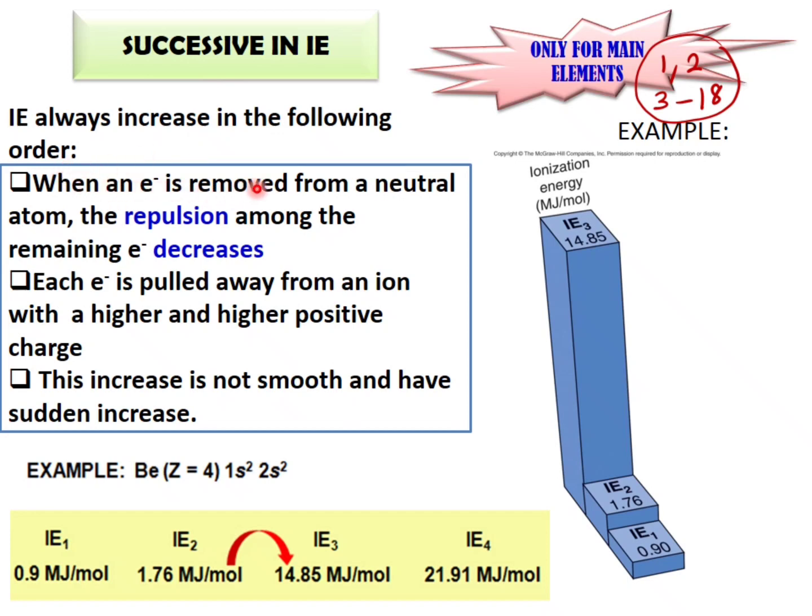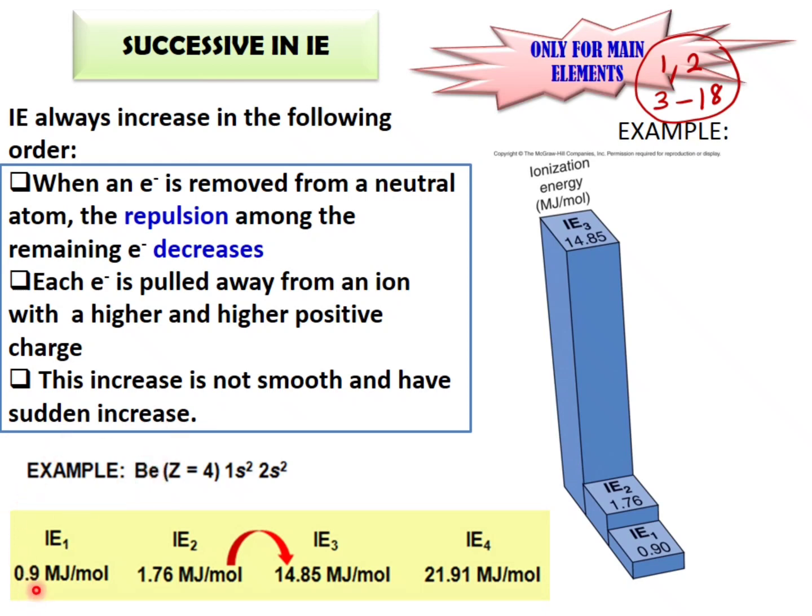When an electron is removed from a neutral atom, the repulsion among the remaining electrons decreases. So the electron is pulled away from an ion with a higher and higher positive charge. This increase is not smooth and has sudden increases. Okay, for example here kita ada beryllium.